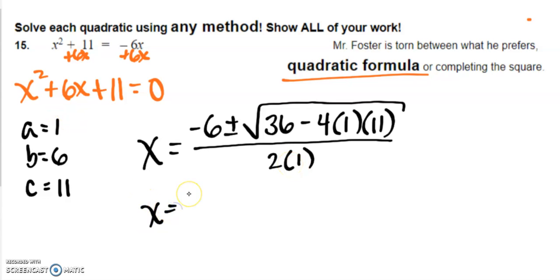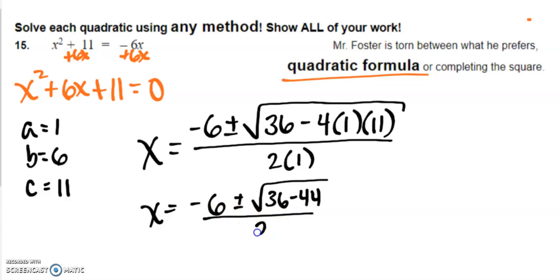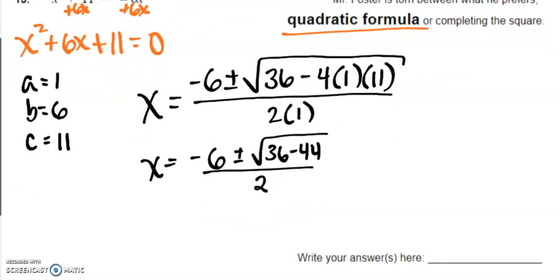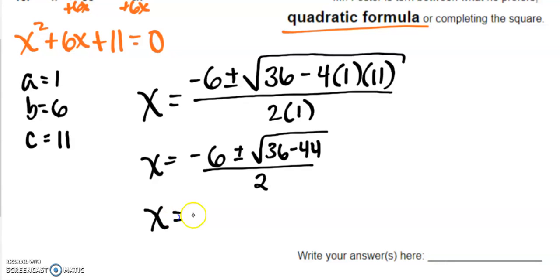Cleaning up what's underneath that radical, we're going to get 36 minus 44. Well, 36 minus 44 is going to end up with the square root of negative 8.